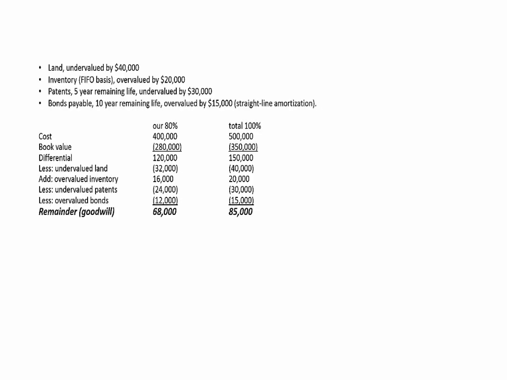So we need to record $85,000 of goodwill. Now if you sum up those 6 accounts, they total up to $500,000. That's our beginning of year book value and unamortized differential. And that's going to be split 80-20 between the investment and the non-controlling interest.